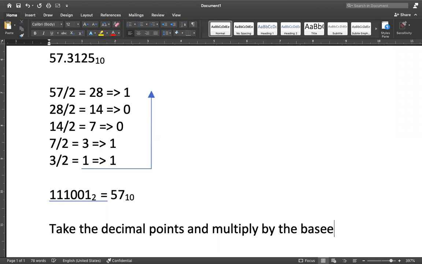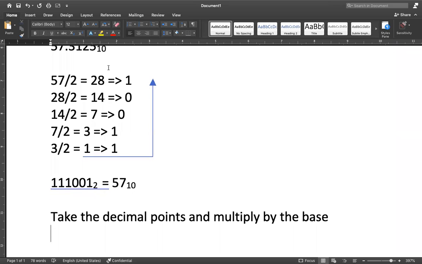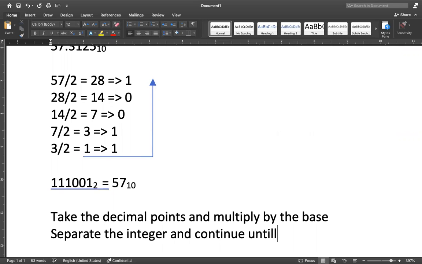Take the decimal part, multiply by the base, separate the integer part, and continue until the final integer is 0.